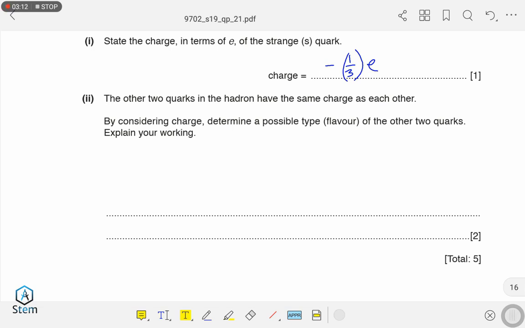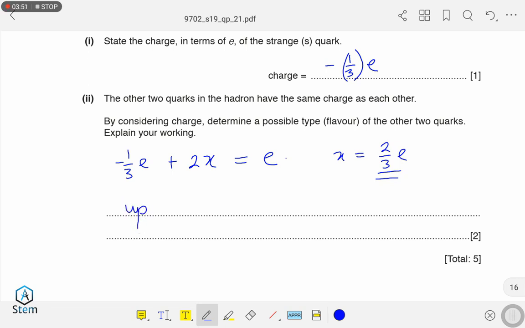Alright, so the strange, which is minus 1 over 3 E, plus 2 other particles, which we are going to say 2 multiplied by their charge, which is X, is equal to E. So if we do our math right, we will find that the other charge is equal to 2 over 3 E. And from the work that we have done, we know that this is the charge of the up.